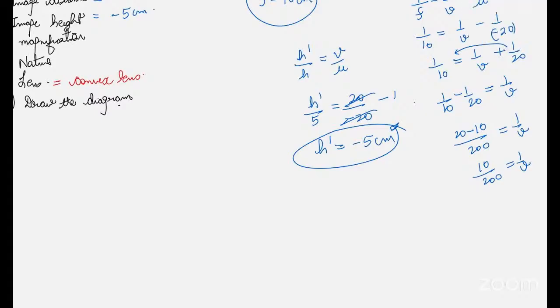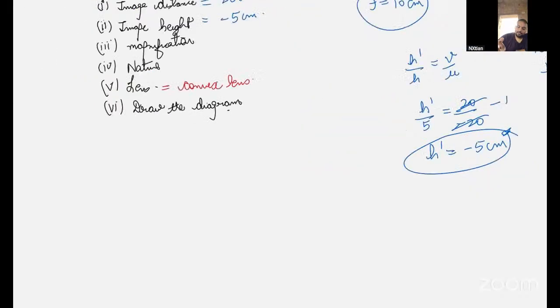Yeah, sorry about that. Image distance is 20 centimeter, so it's positive 20 centimeter. So this should be in the first 5 cases, right? Yeah, in first 5 cases. Okay, perfect. Now we got this also.